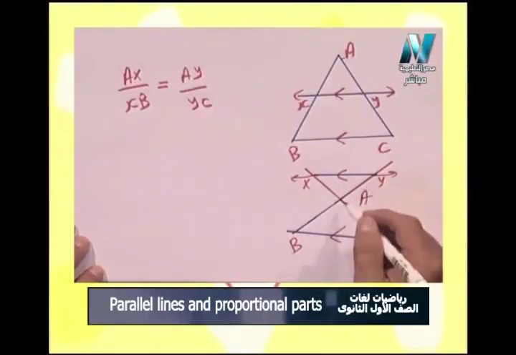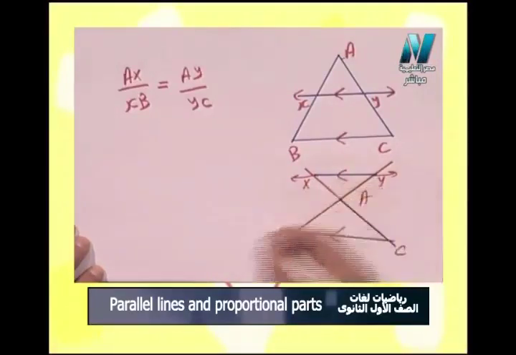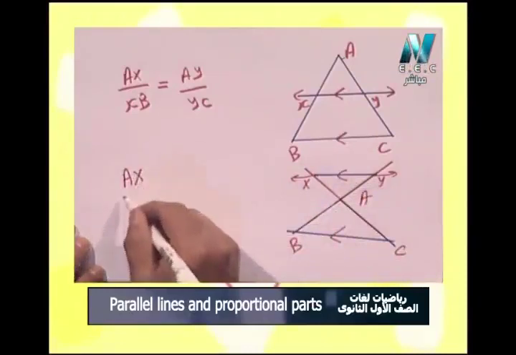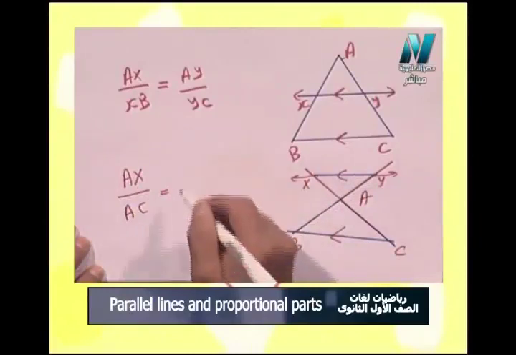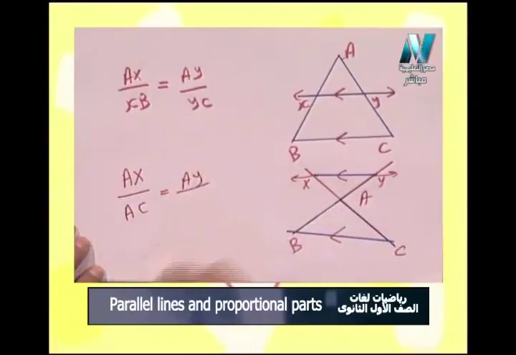We can start by AX as before, AX over AC equals AY over AB.